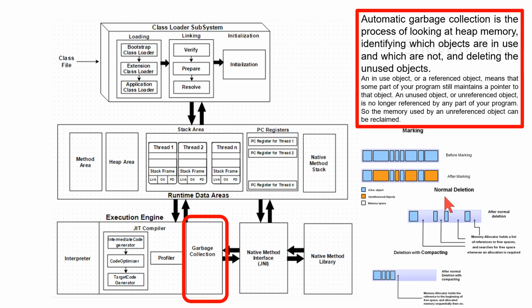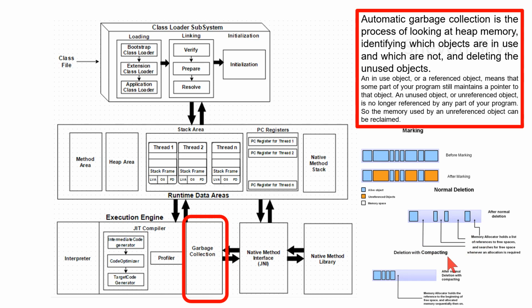Then step 2, normal deletion. Normal deletion removes unreferenced objects, leaving referenced objects and pointers to free space. So after normal deletion, you can see the structure here. The memory allocator holds a list of references to free spaces and searches for free space whenever an allocation is required.